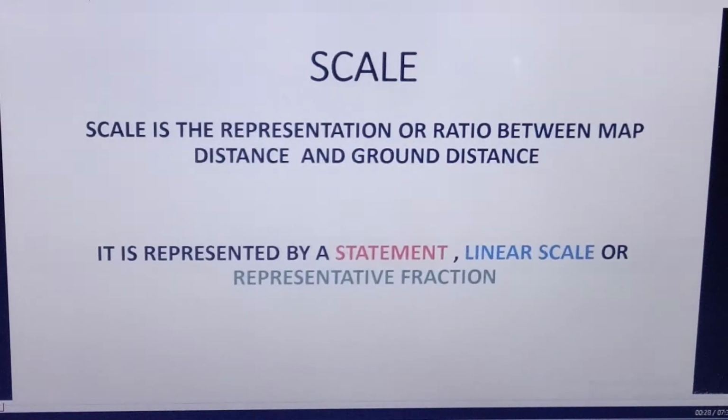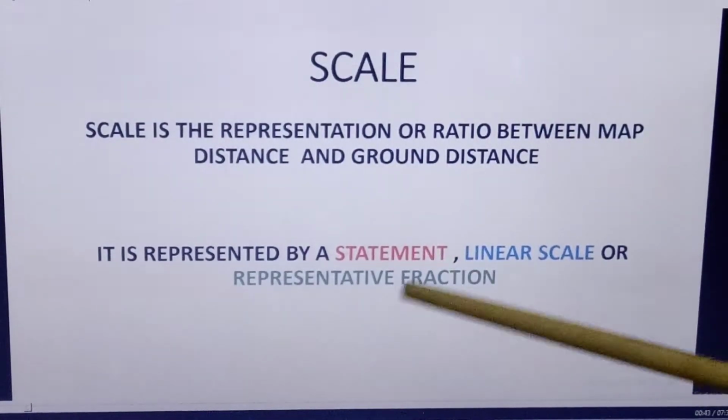So a scale is the representation or a relationship between map distance and the ground distance. It is represented by a statement, linear scale or representative fraction.